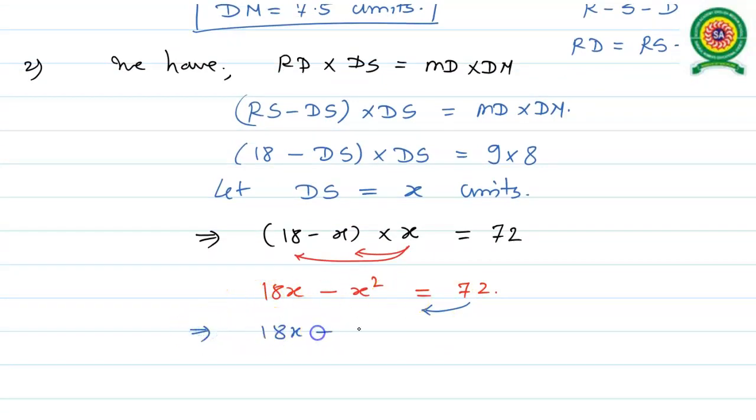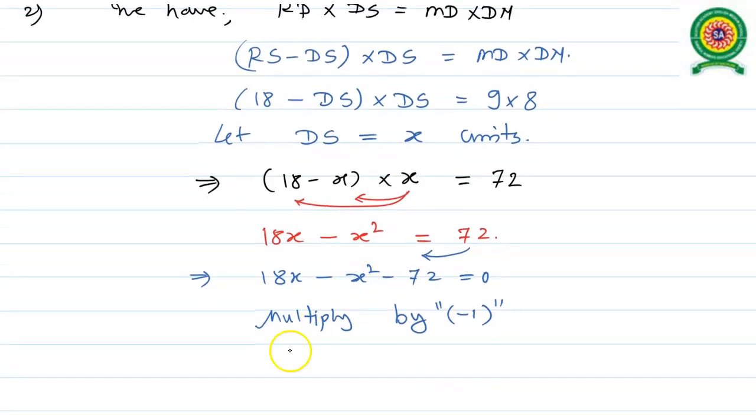Hence we have 18x minus x square minus 72 equals 0. Now multiply throughout the equation by minus 1. So we are getting positive x square, I am writing first, then negative 18x and positive 72 equals 0.